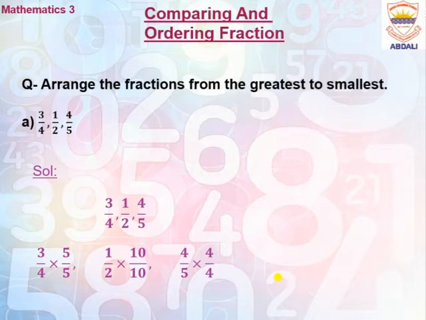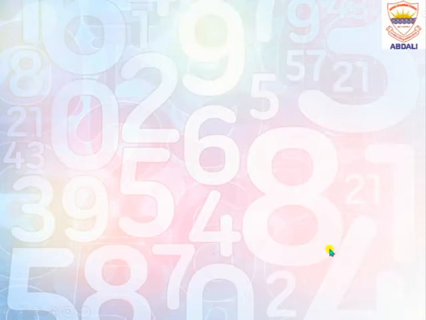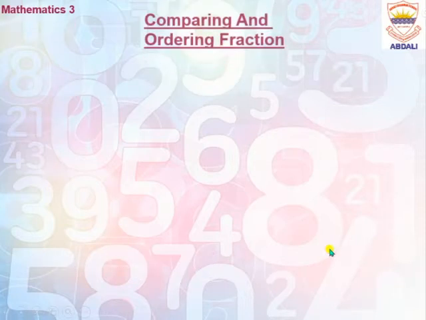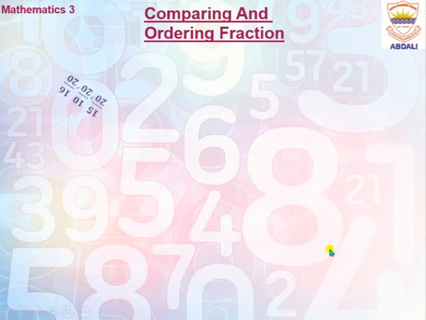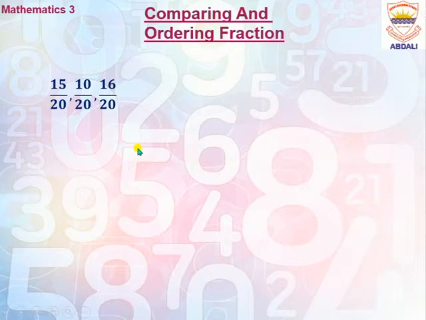Okay. Now comes the second step. After simplification, we will get 15 by 20, 10 by 20, 16 by 20. You can see that here the denominators of all fractions are the same.